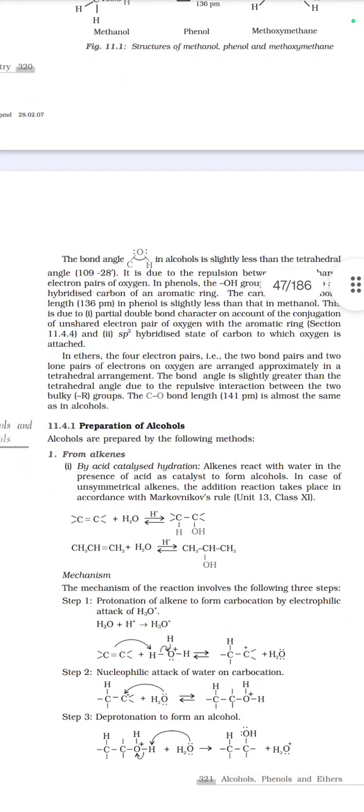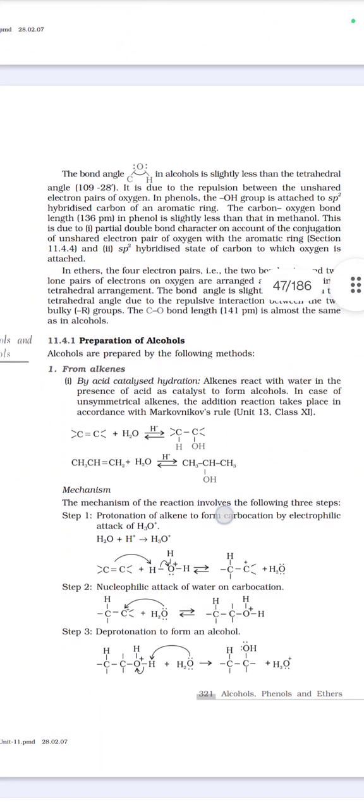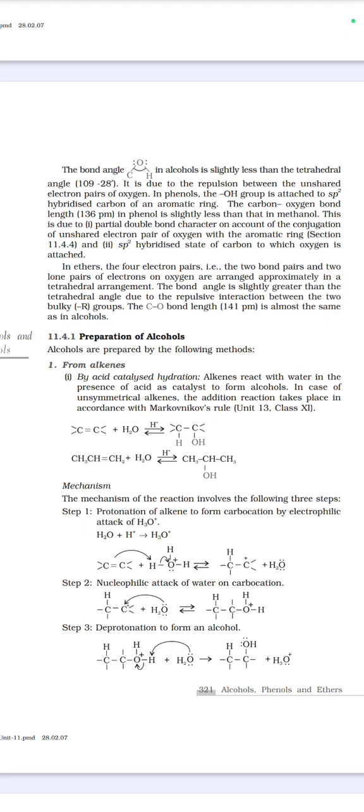The bond angle in alcohol is slightly less than the tetrahedral angle, that is 109°28′. It is due to the repulsion between the unshared electron pairs of oxygen. In phenol, the OH group is attached to an sp2 hybridized carbon of an aromatic ring.